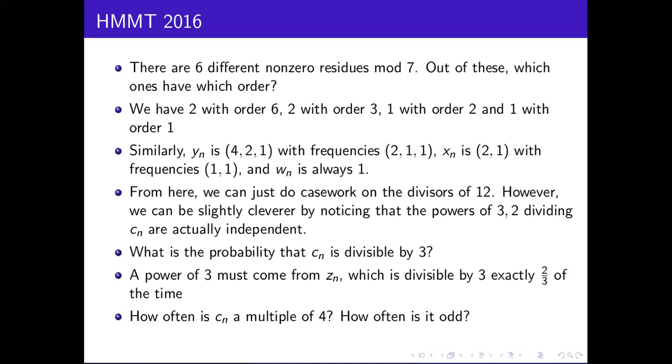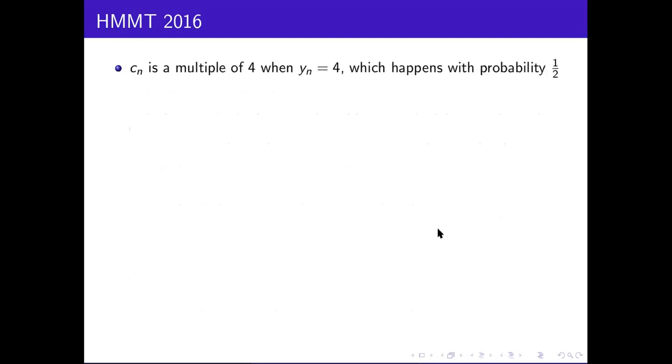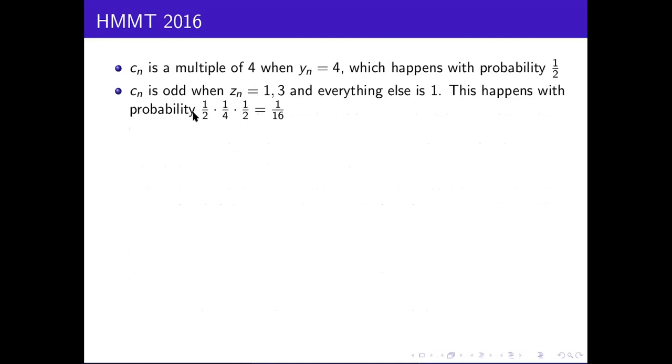This is because in order for C of n to be odd, every single one of W, X, Y, and Z has to be odd, which means that Z of n is odd with probability 1/2, Y of n is odd with probability 1/4, and X is odd with probability 1/2, and W of n is always 1. So C of n is a multiple of 4 with probability 1/2. C of n is odd with probability 1/16. And this means that C of n is divisible by 2, but not 4 with probability 7/16.